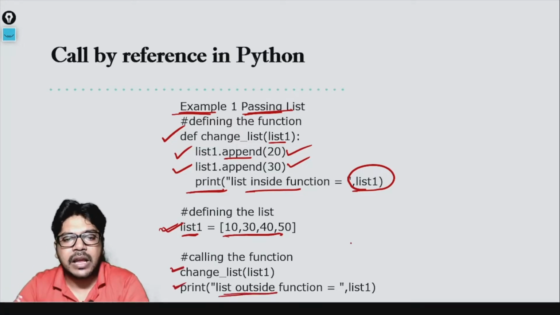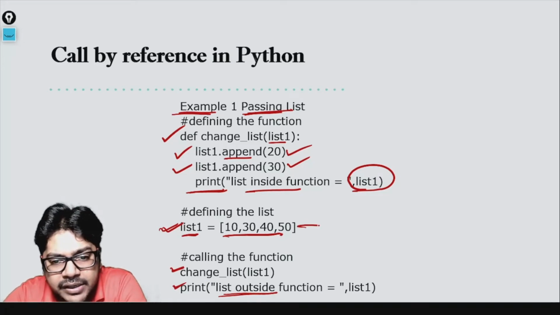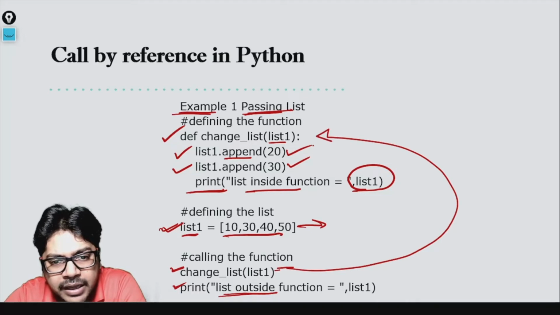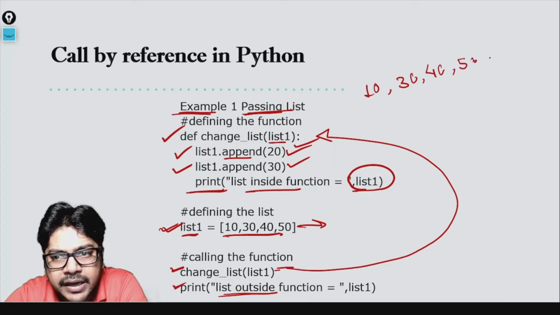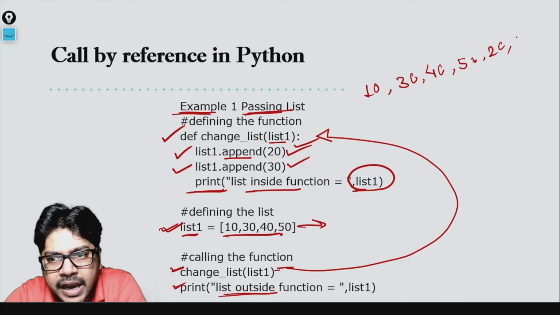Now let's see what will happen. When the list was declared and the function was called, the interpreter will come here and add two items to it. The list already had 10, 30, 40 and 50 in it. Now one more item called 20 and one more item called 30 will get added. So when you print the list here, this is what the list will contain.